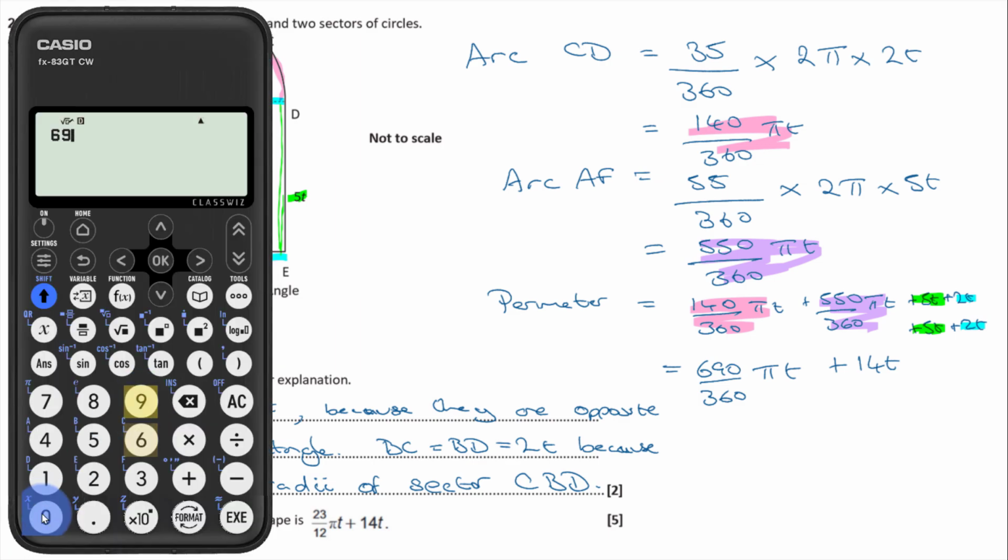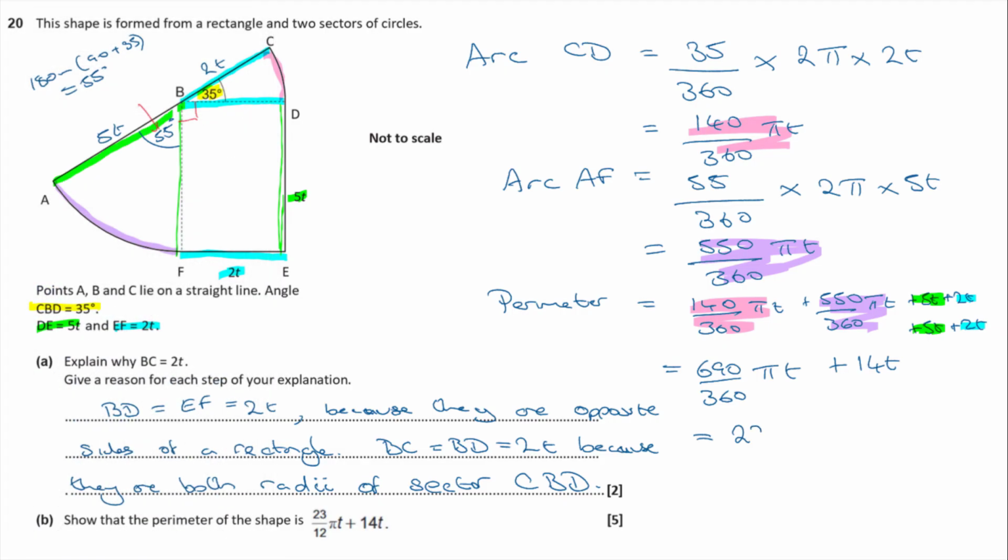Just type that into your calculator to simplify it. 690 over 360, what does that come out to be? That's 1 and 11/12, or you could rewrite that as 23 over 12, couldn't you? So that's equal to 23 over 12 lots of pi t plus 14t. Now, luckily, that's exactly what we were meant to get, 23 over 12 lots of pi t plus 14t. So we seem to have done it.